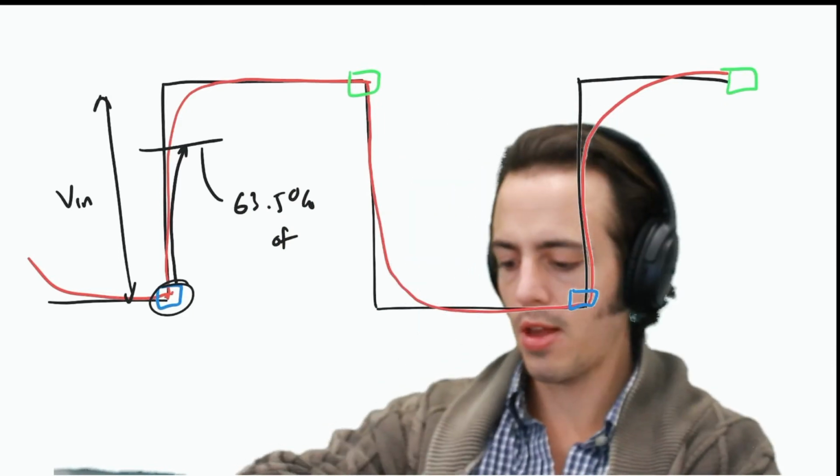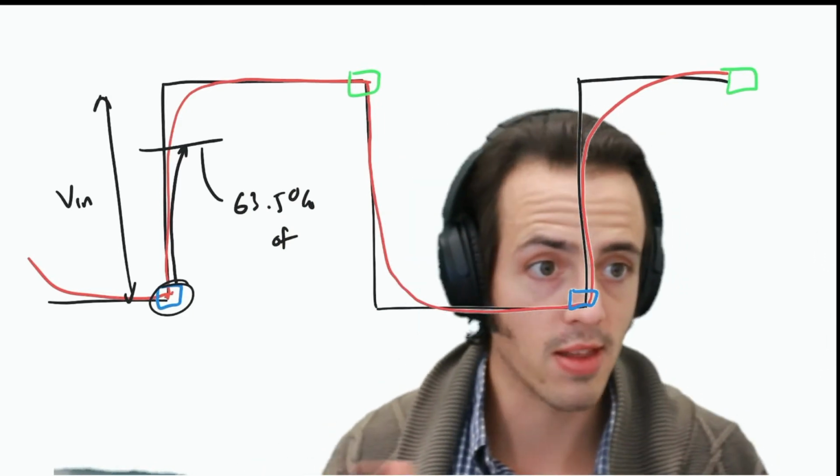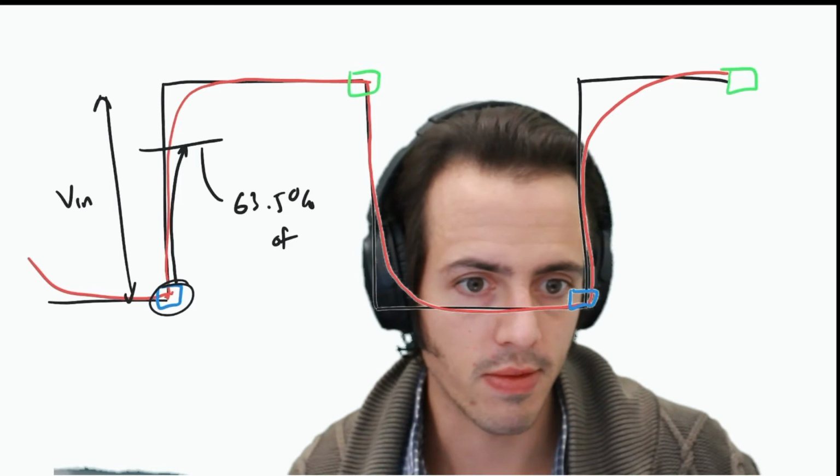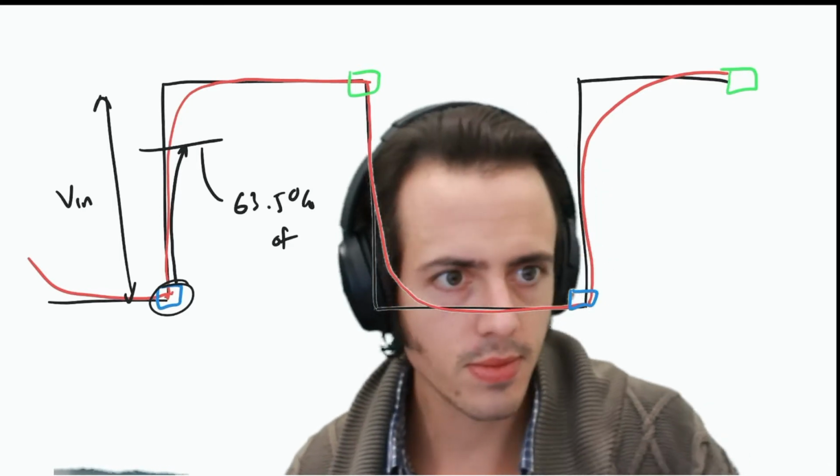And obviously we're not going to use 63.5, we're going to use the actual value based upon the equations that govern the RC circuit. So let's see if we can do that by playing around with this.